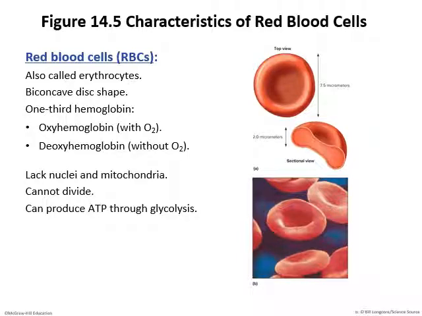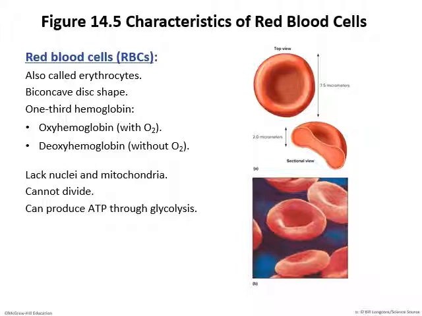Okay, so red blood cells, these are known as erythrocytes. Their shape is a biconcave disc. If you notice the red blood cell in the top right, it looks like a donut with the center hasn't been punched out fully. That's what it means by biconcave disc. And a third of the red blood cell is made up of hemoglobin.